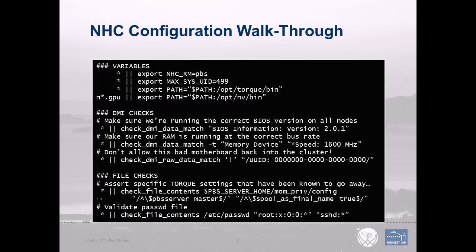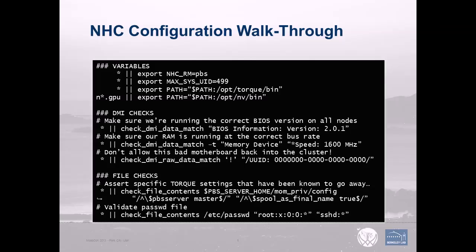We, in our environment, have found it useful to make assertions about the torque configuration, because when you install new torque RPMs, if there isn't a config file already there, or in our environment we have it in a different location, it will install a default, which basically says PBS Server localhost.